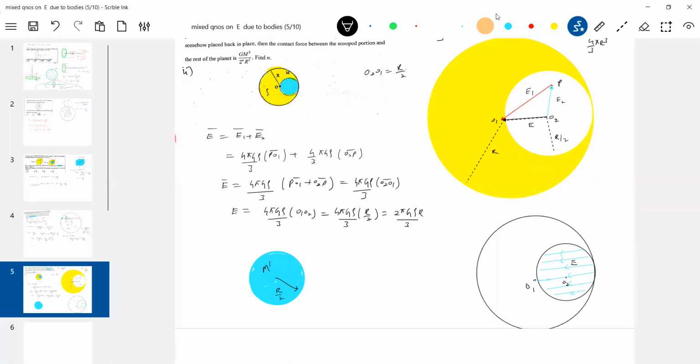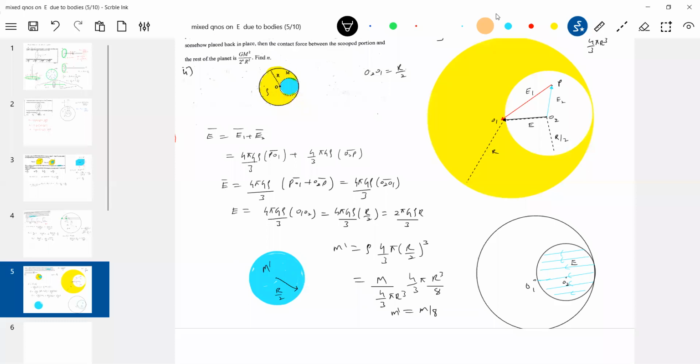Shall I write m dash? So what is m dash? Rho into 4 by 3 pi r by 2 whole cube. What is rho? Rho is equal to m by 4 by 3 pi r cube. So this is equal to m by 8.